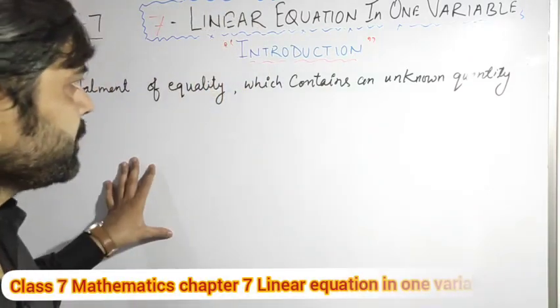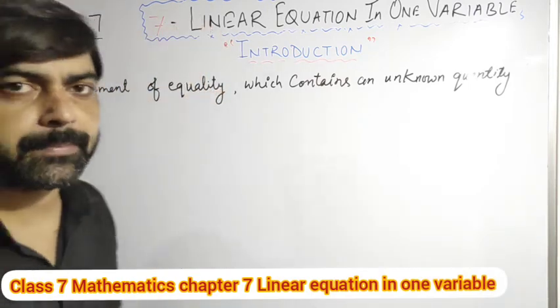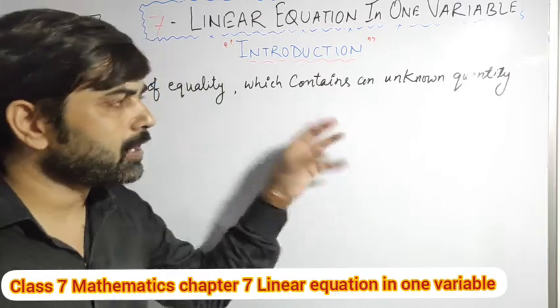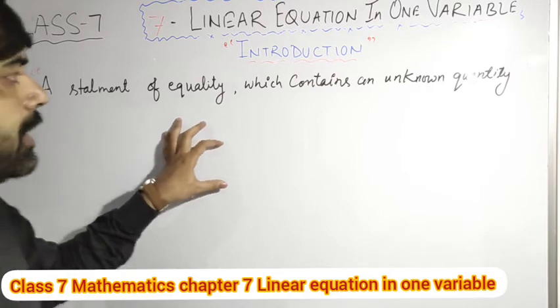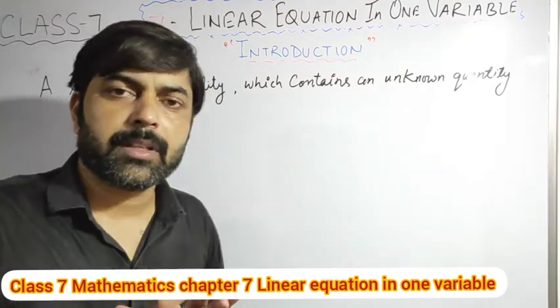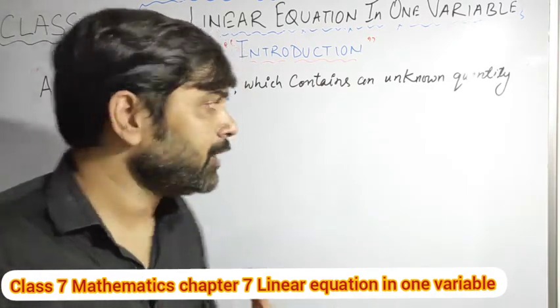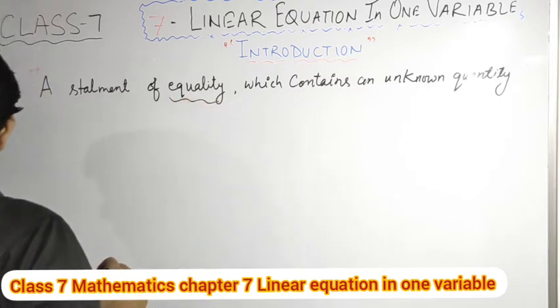First, what is an equation? Before the linear equation, we first discuss the equation. What is an equation? A statement of equality which contains an unknown quantity. One key word here is equality.